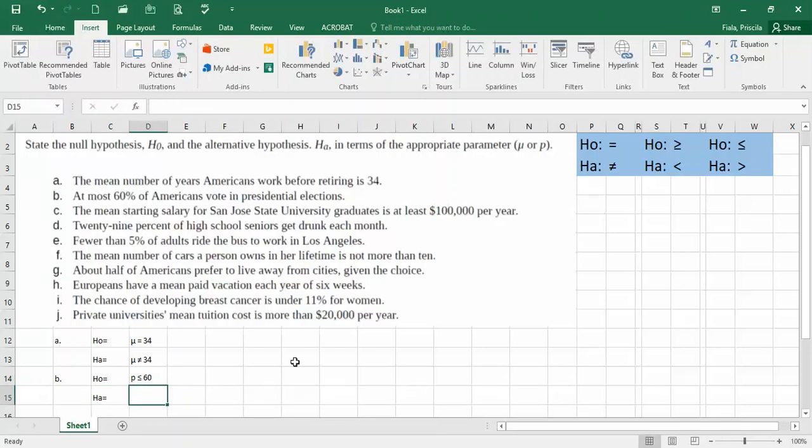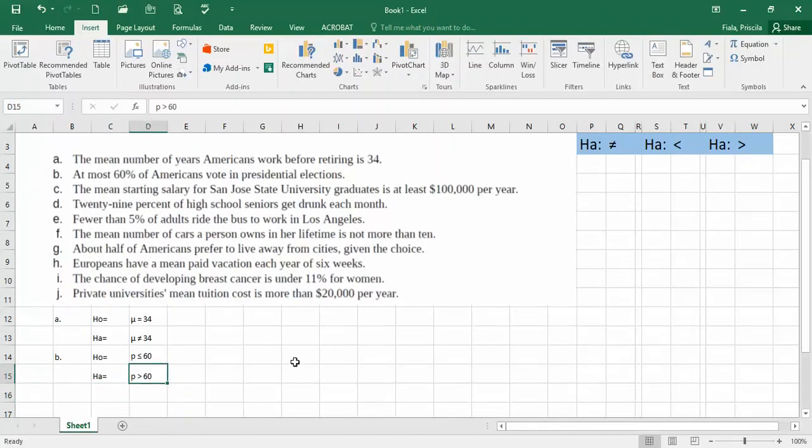And then your alternative, if that one is less or equal, this one has to be greater than. Okay, we are not solving them yet. I'm just showing you how to read the problems first, how to set them up in order to follow the remaining steps of hypothesis testing.